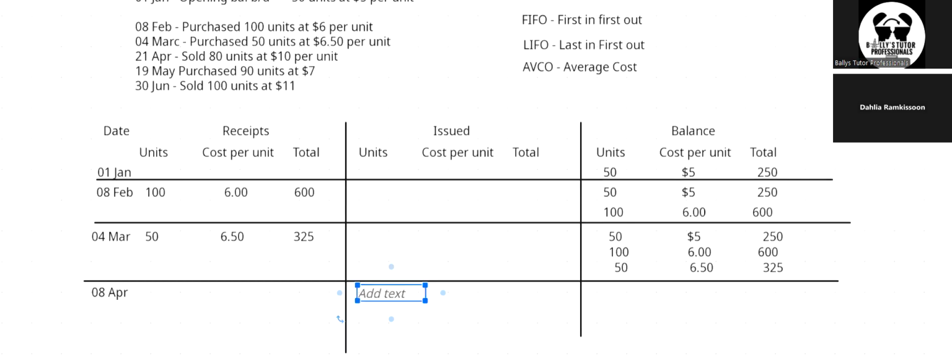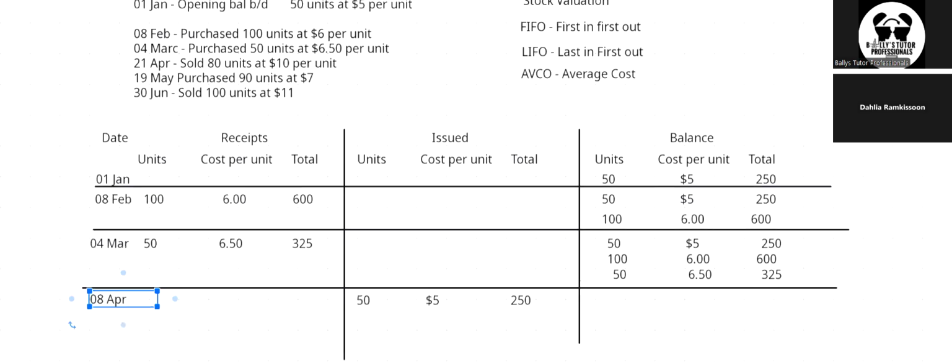Right, so I'm going to issue that 50 units at $5 each. So I sold that. But it's 80 I sold in all, right? So how much more do I need? I sold 50 so far, but remember it's 80 in all that I'm selling.